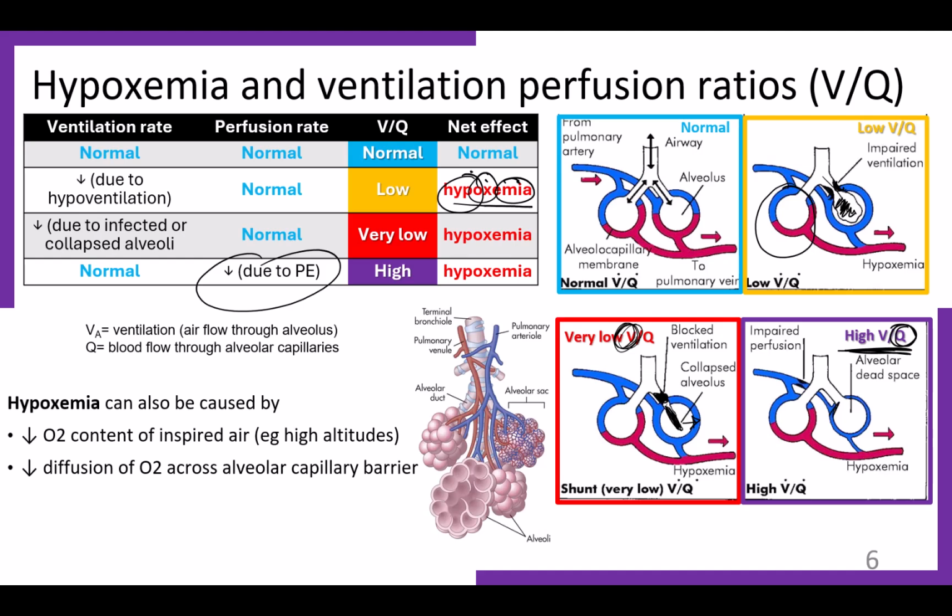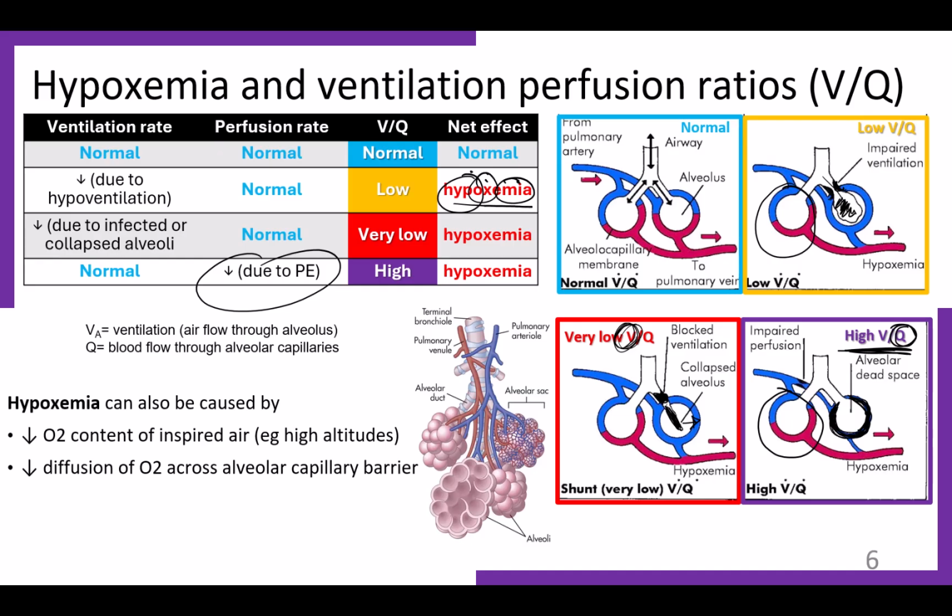What happens with this is the amount of blood that enters into the pulmonary capillaries is lower than normal, right? So compared to, again, the normal alveolus over here, there's less blood going into this alveolus here.